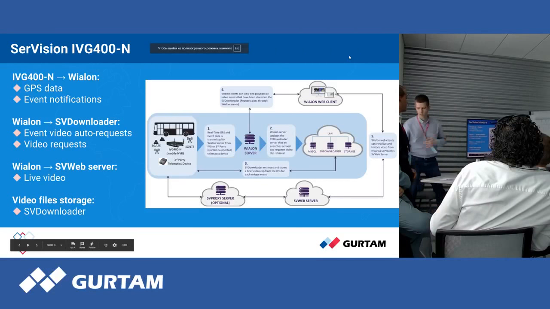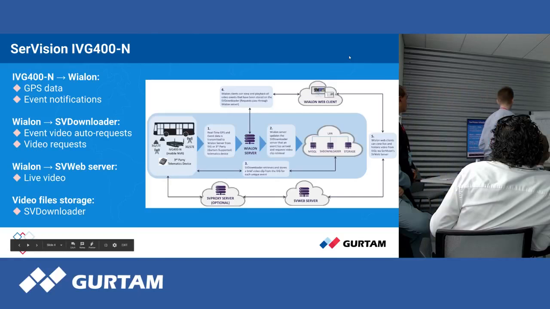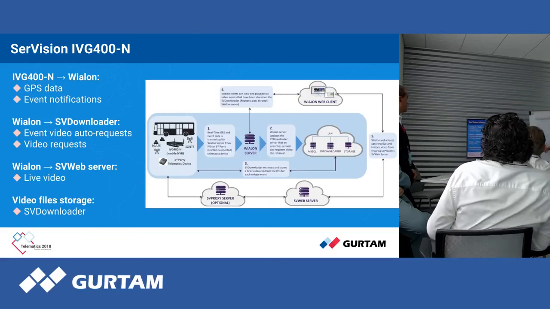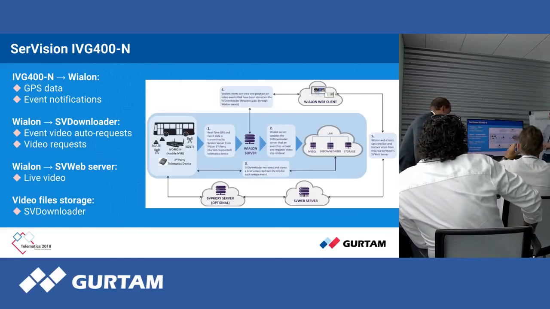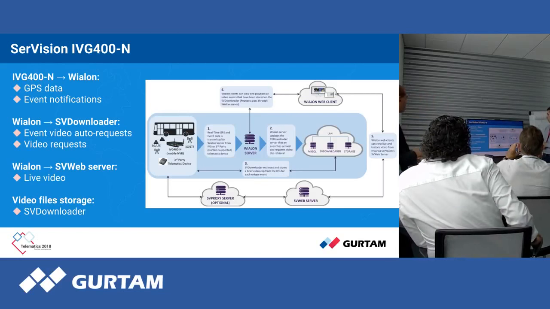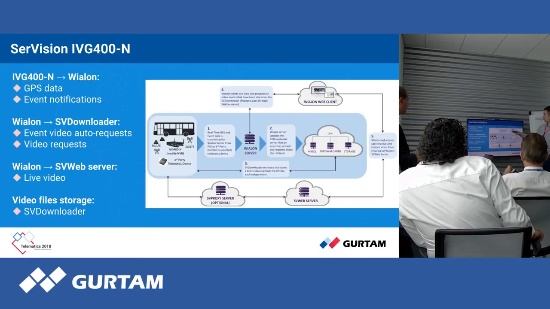So the pattern of communication is a bit different. Here is the device in a bus. Here is the Wialon server. In this case, GPS data with different parameters are sent directly to the Wialon server. But for requesting video files and viewing video, Wialon communicates with two types of servers.